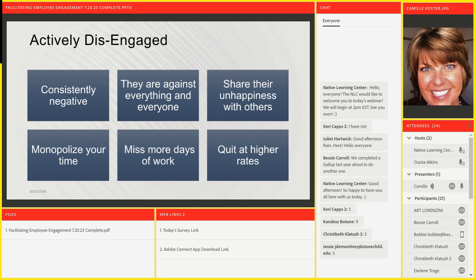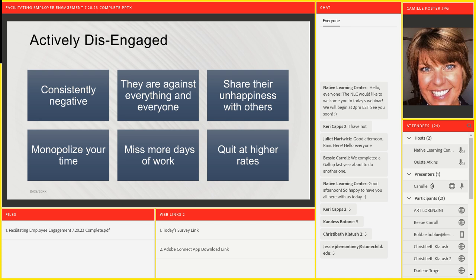What's worse, they insist on sharing this unhappiness with their colleagues. The actively disengaged employee will monopolize your time. They're coming to you with constant problems and no solutions. They cause more quality defects, contributions of theft. They miss more days of work and quit at a much higher rate than the other two categories.